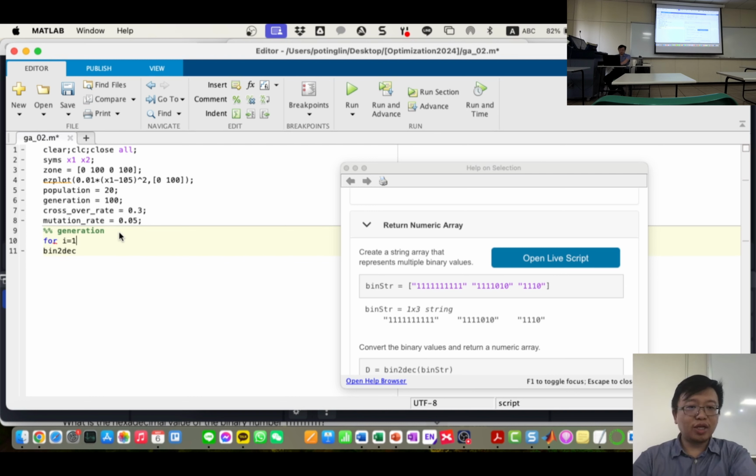Now, for i equals 1 to your population number, you want to generate 20 of them, right?